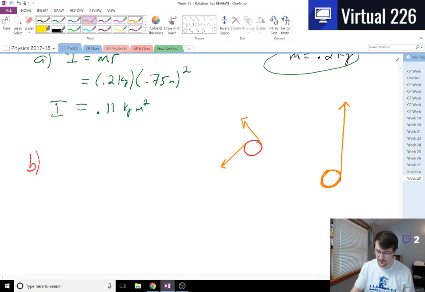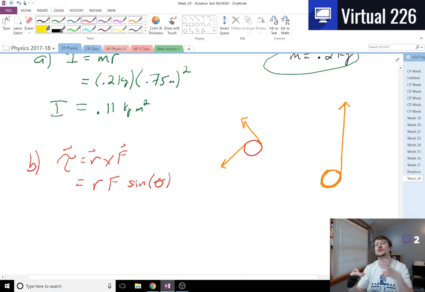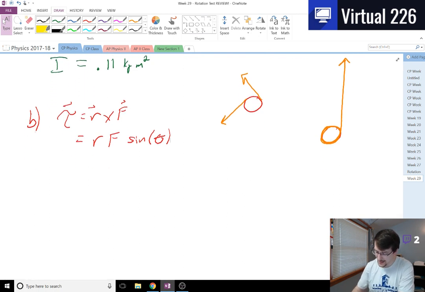So whenever we use that torque equation, torque equals R cross F, normally we're stuck thinking this is RF times the sine of some angle. But if you have a circular object and you're applying a force on the edge of it, then that angle will be 90 degrees. There's no way around that. It has to be 90 degrees there.